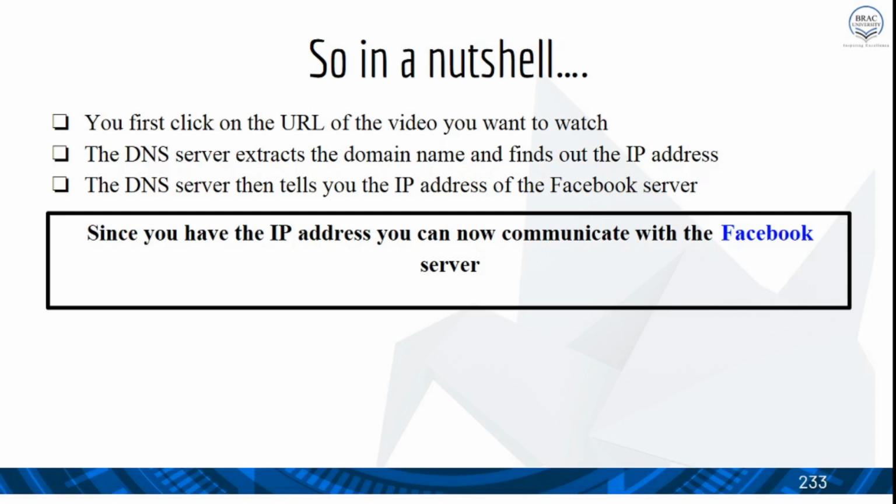Then the DNS server tells your device the IP address of the Facebook server. Now, since you have the IP address, you can easily communicate with the Facebook server. Students, this is how your device can get connected with the Facebook server so that you can watch a video which is uploaded on Facebook.